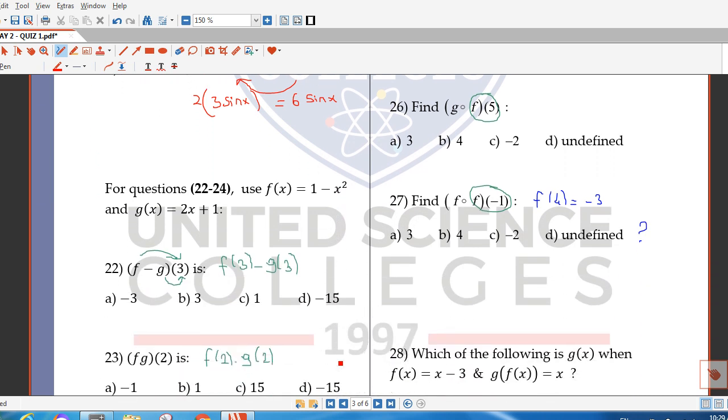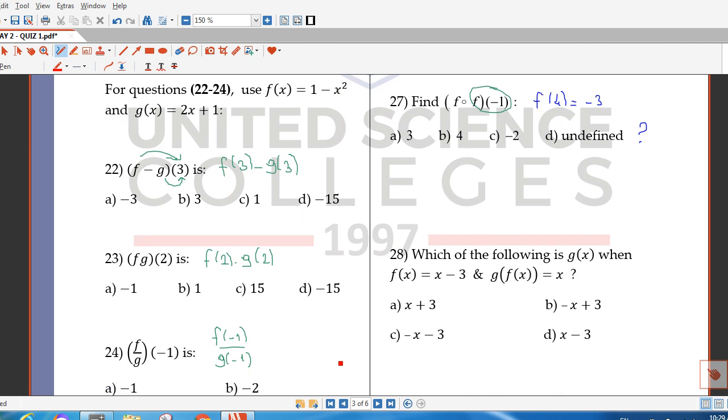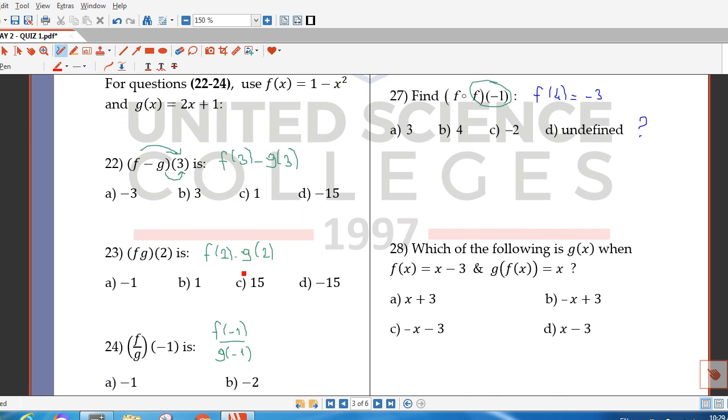Questions 22 to 24, we are going to use given f and g. Question 22, f minus g of 3 means f of 3 minus g of 3. In each function, write 3. F of 3 is 1 minus 3 square, 1 minus 9, minus 8.